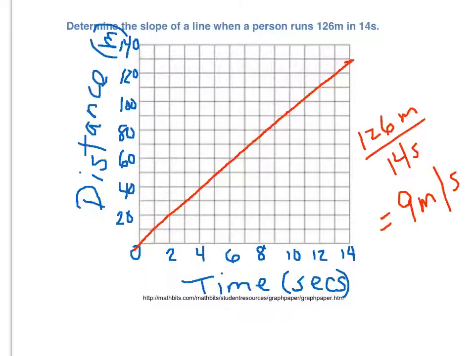Now the slope, how do we find the slope? When you're looking for the slope, you need to find 2 points. And it could be any 2 points. You just need to find 2 points on your line that intersect well on the graph. So I'm just going to write these.